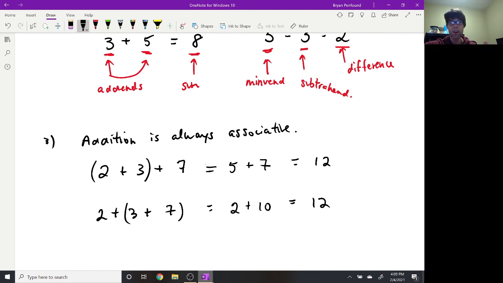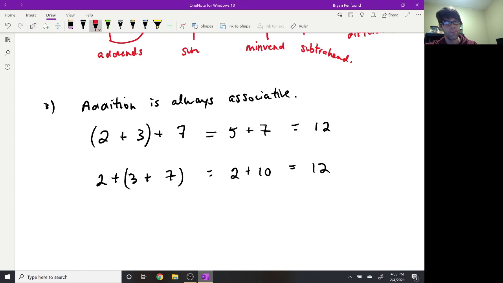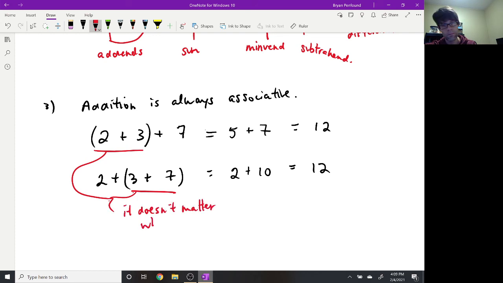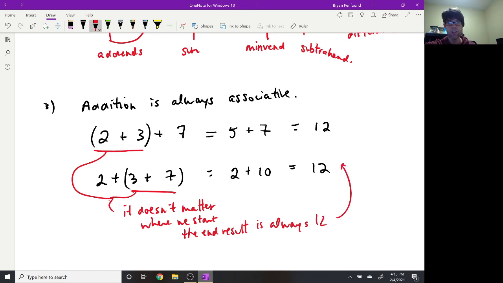It doesn't really matter whether I add the first two numbers or the second pair of numbers. I always get the same final answer. Okay, so it doesn't matter where I start my addition, my end result is always 12.